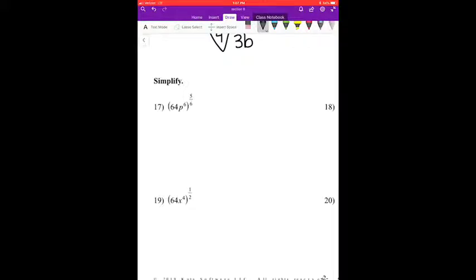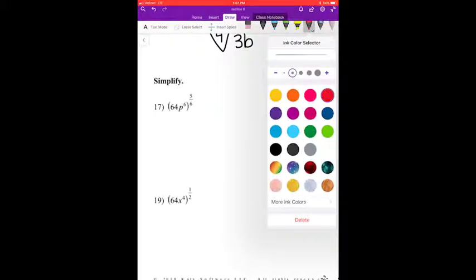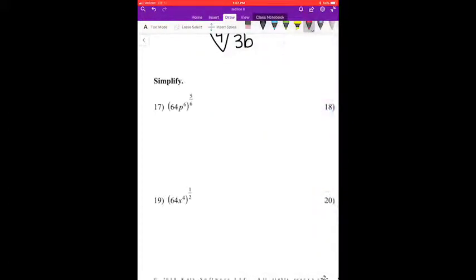Okay, simplifying. Remember, number 17, that 5/6 is outside of the parentheses. So what's 64's exponent currently? 1, right? Not 6. Only p's exponent is 6. Remember, when you have a power to a power, you keep the base and do what to the exponents?